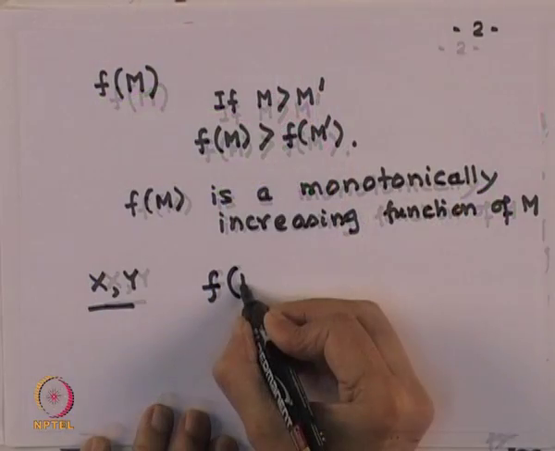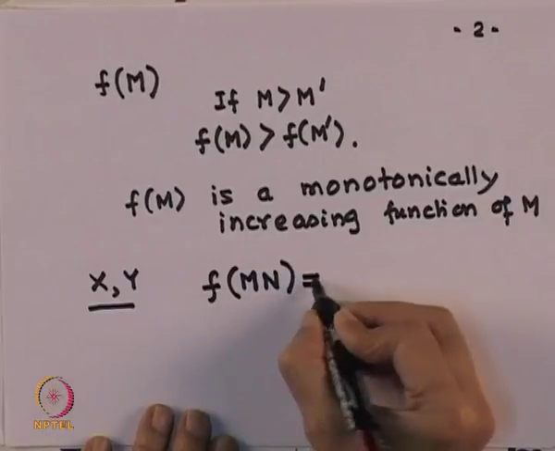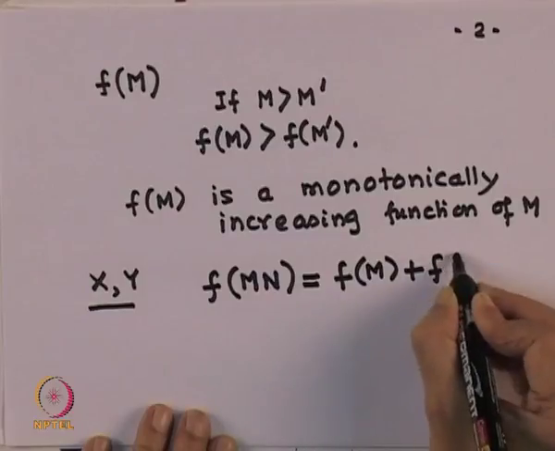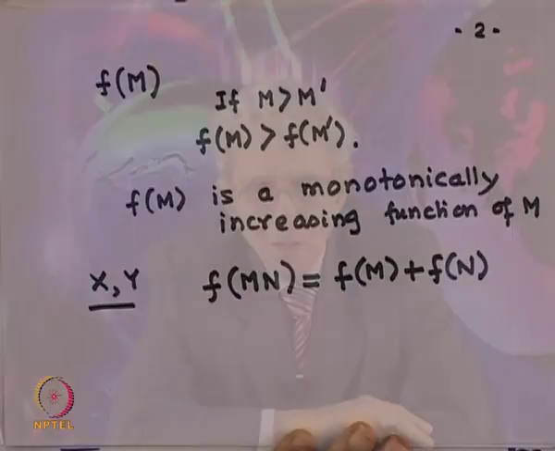The possibility then is that this must have the property that f of m times n must be equal to f of m plus f of n. Now this is actually obvious because when you do a joint experiment, the number of alternatives goes up. m times n becomes the number of events.